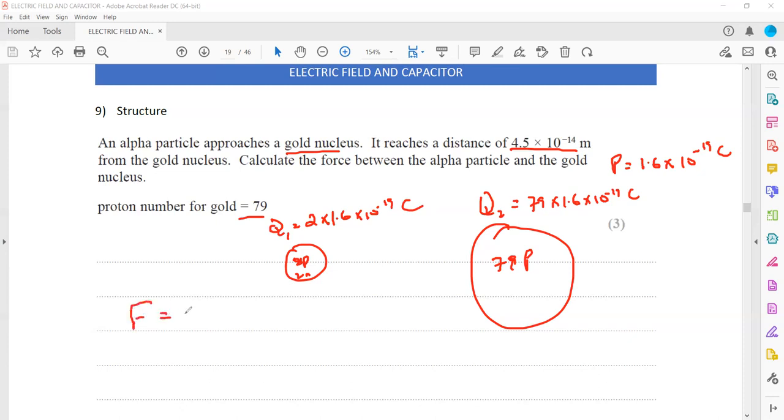We have the formula according to Coulomb's law that F is equal to K Q1 Q2 over R square, where R is the distance between them, which is given in this question, 4.5 into 10 power minus 14 meter. We substitute the value of K as 1 over 4 pi epsilon, or you can also substitute 8.99 into 10 power 9, or 9 into 10 power 9 is also acceptable.